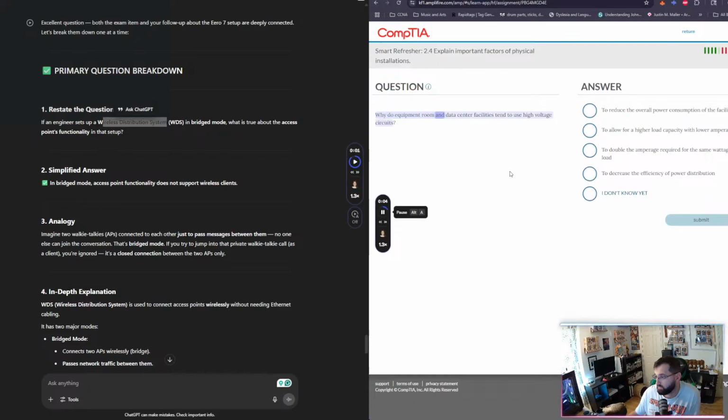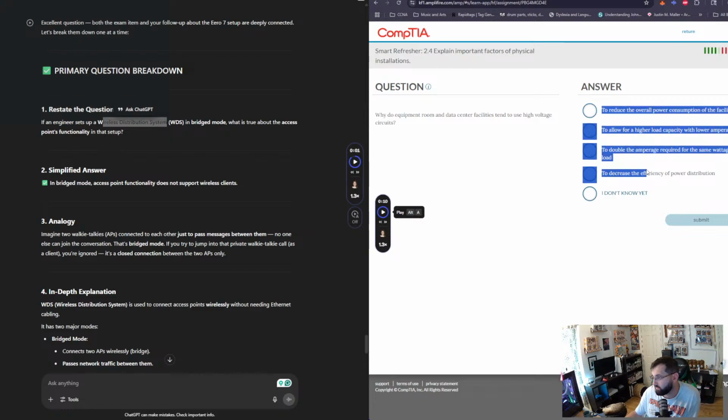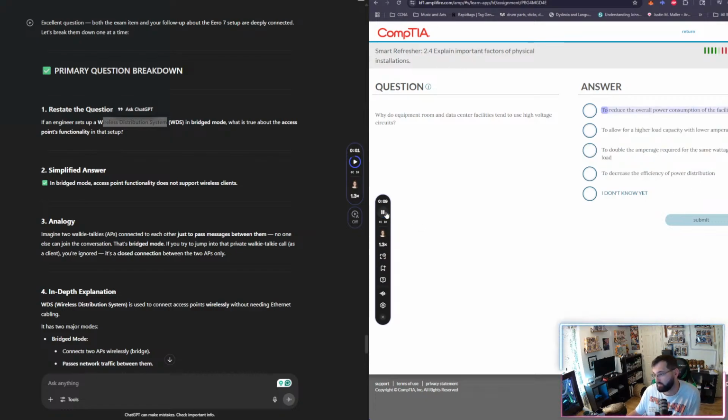Why do equipment room and data center facilities tend to use high voltage circuits? Talk to me. Tell me. To reduce the overall power consumption of the facility, to allow for a higher load capacity with lower amperage, to double the amperage required for the same wattage load, to decrease the efficiency of power distribution. So, volts and amps are related. Think of it like temperature and pressure.